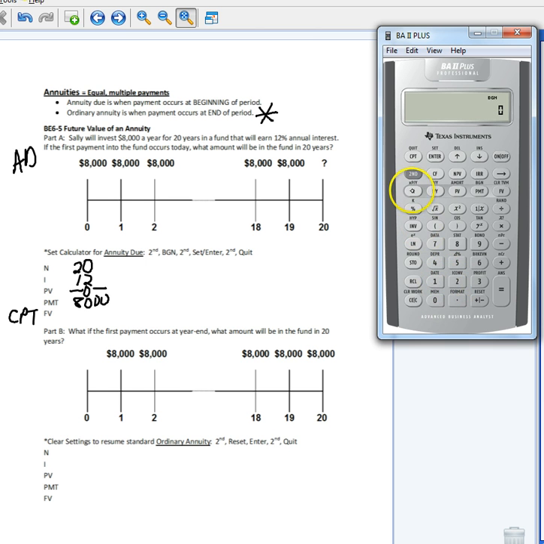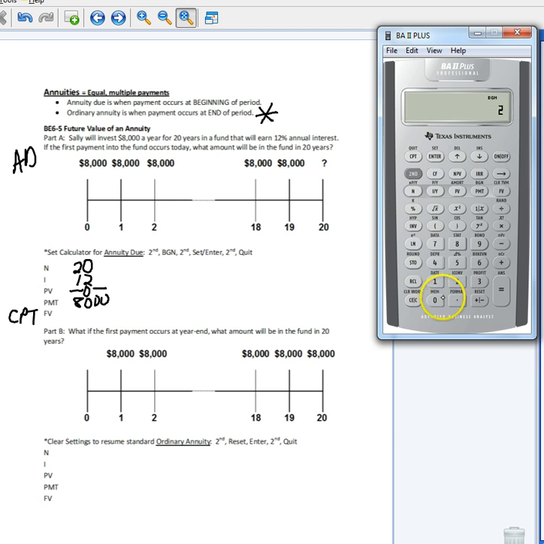20 is N. 12 is I. There's no present value. 8,000 is our payment, and we want to compute future value. Let me start over again. Even if I turn it off, I still have the annuity due.